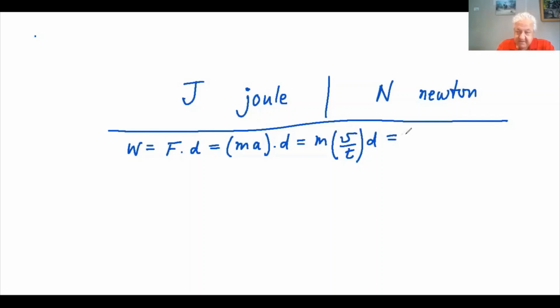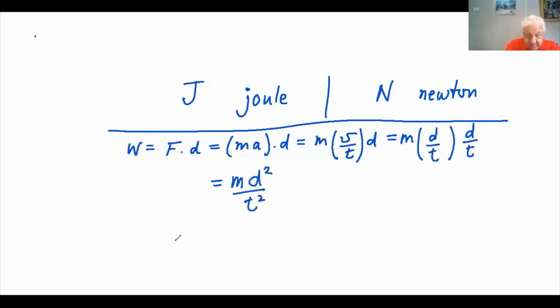Let me take the t outside. So I get d over t. Velocity is distance over time. So I have work is equal to mass multiplied by distance squared divided by time squared.